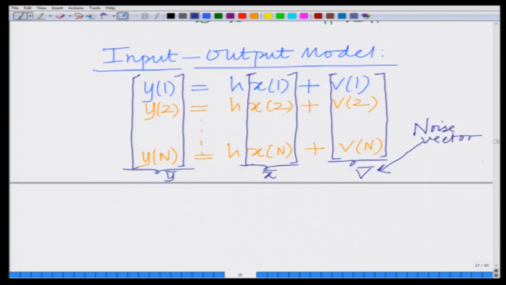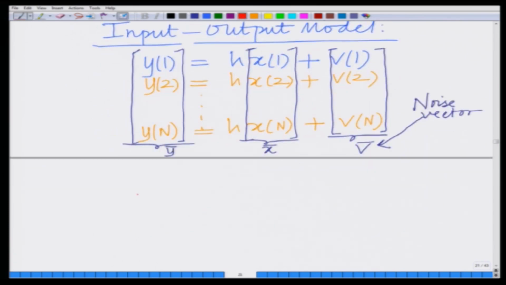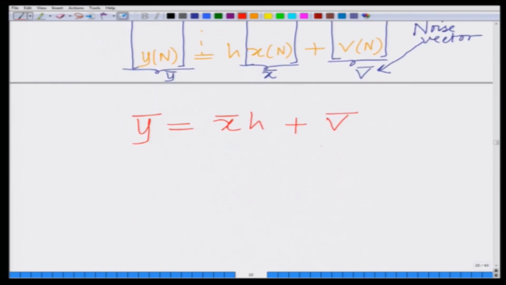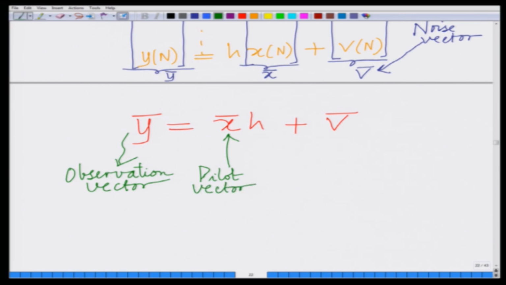So, we can write this in a vector fashion, that is, y bar equals x bar times h plus v bar, where of course, to repeat once again, y bar is the observation vector, x bar is the pilot vector, h is the channel coefficient, and v bar is the noise vector.